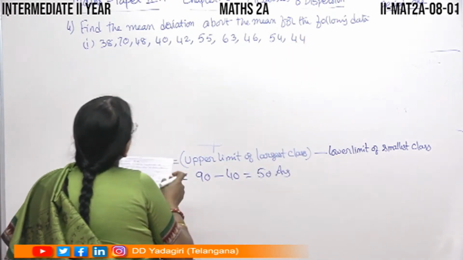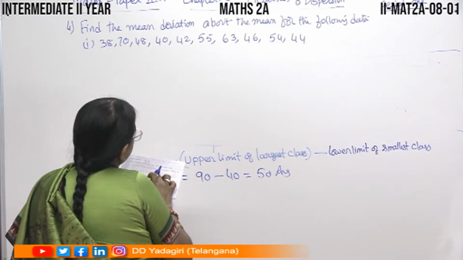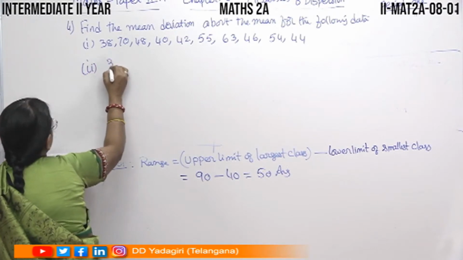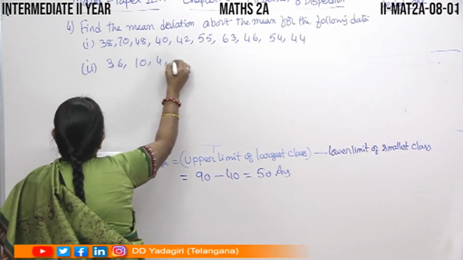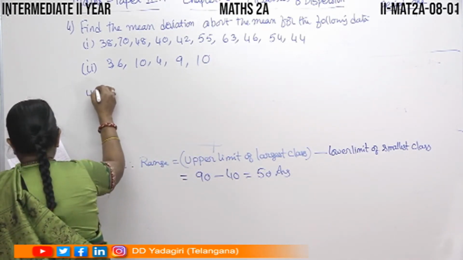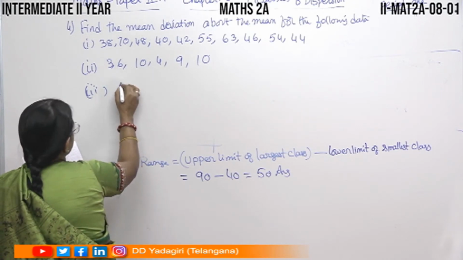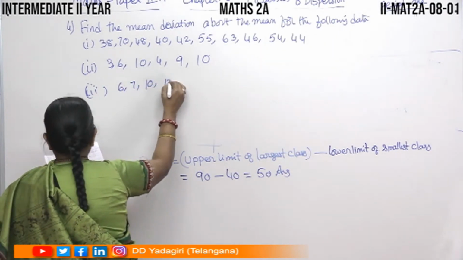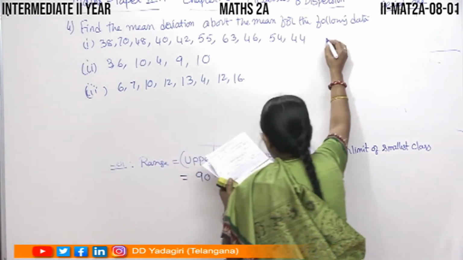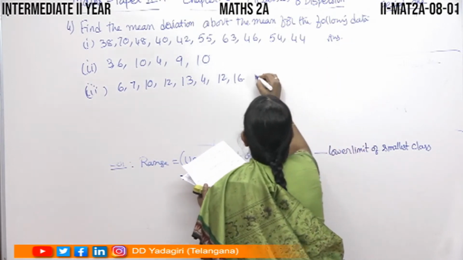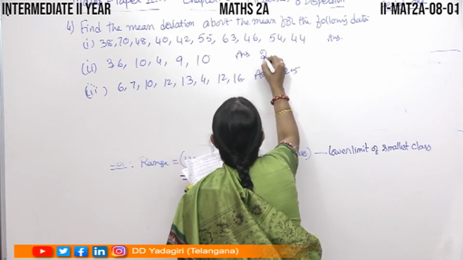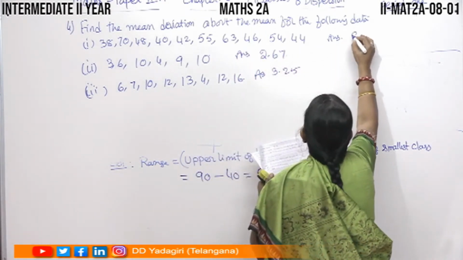Second: 3, 6, 10, 4, 9, 10. Third: 6, 7, 10, 12, 13, 4, 12, 16. For these the answers are: first one 8.4, second 2.67, third 3.25.